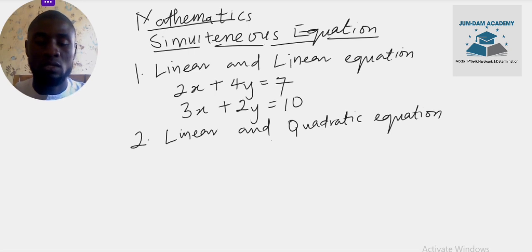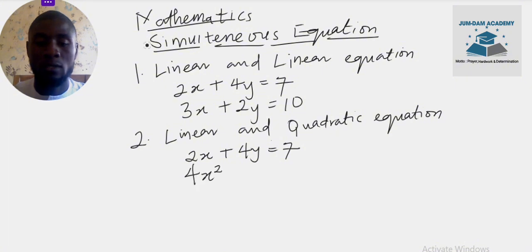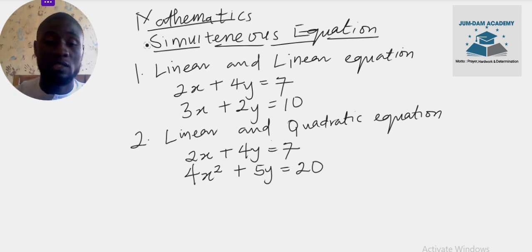Let's say we have 2x plus 4y equals to 7. We know that this is a linear equation. Now, when we have 4x squared plus 5y equals to 20, then this we call a quadratic equation of degree 2.